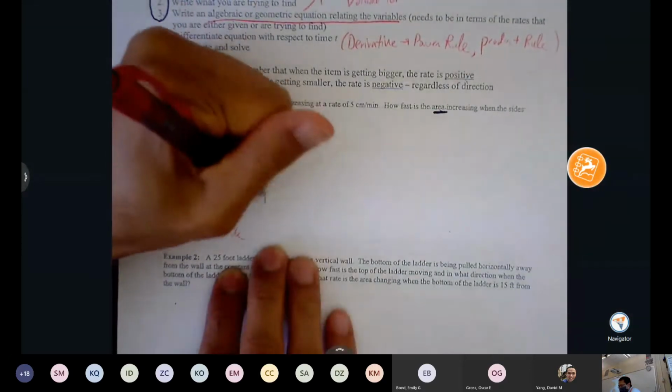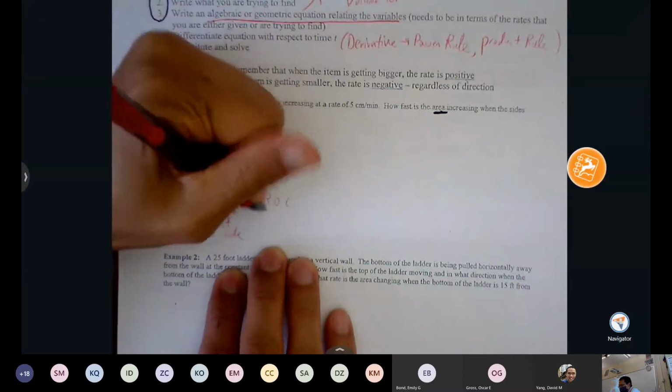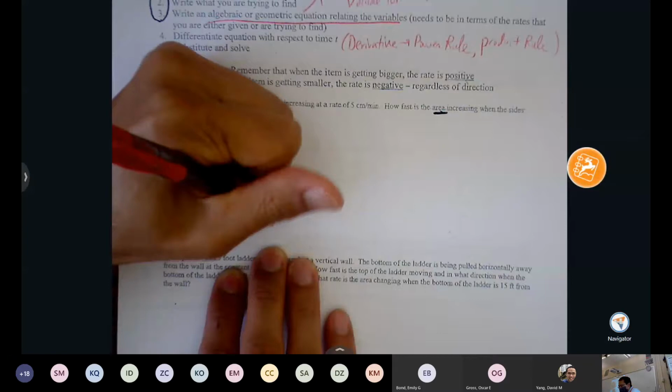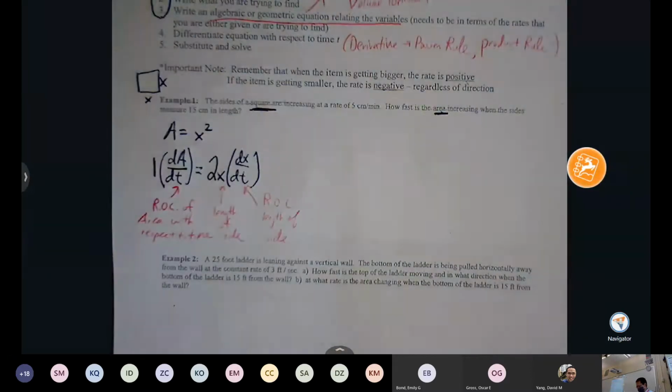And dx dt is the rate of change of side length.